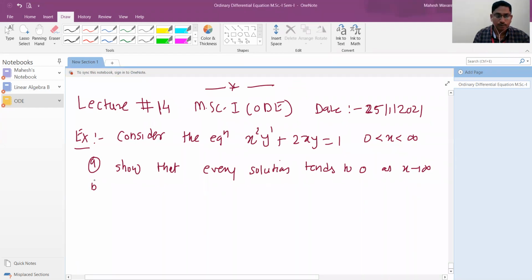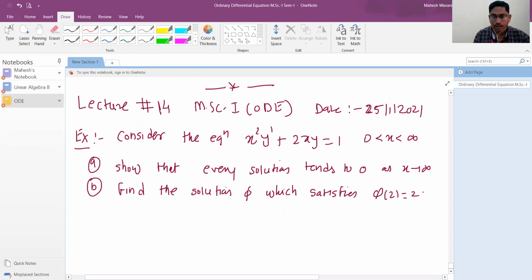And another part of it, find the solution phi which satisfies phi at 2 is 2 times phi of 1. This condition is 1.